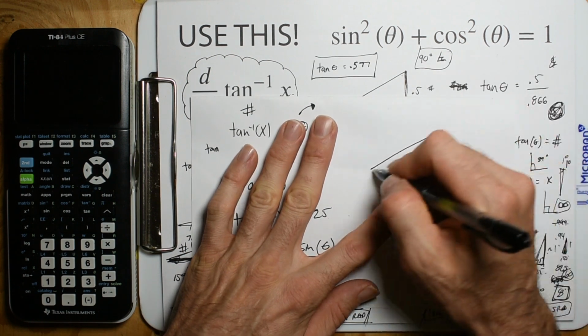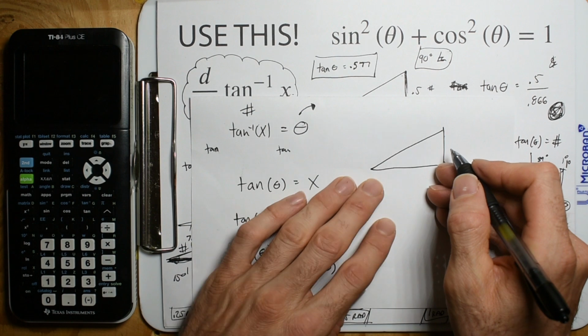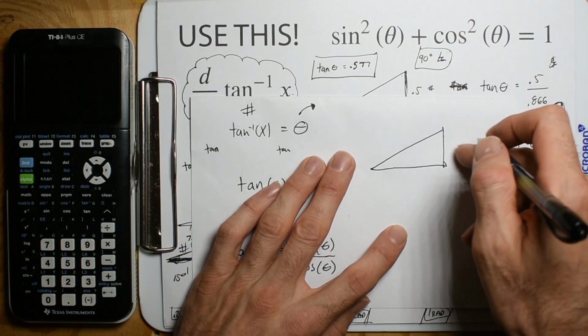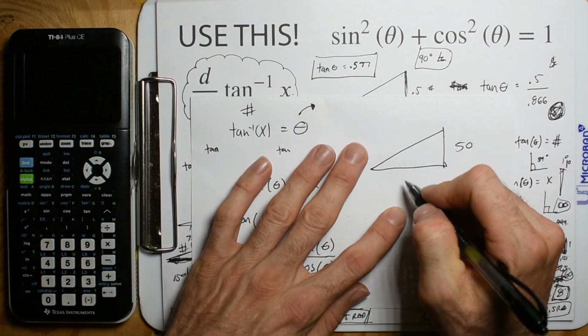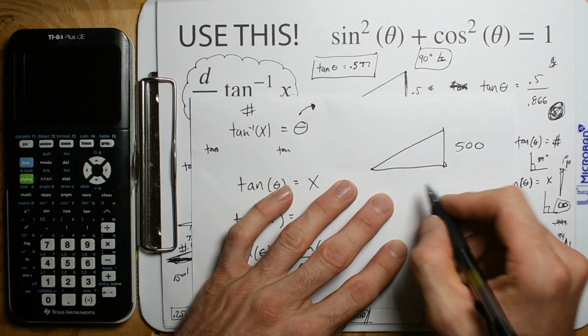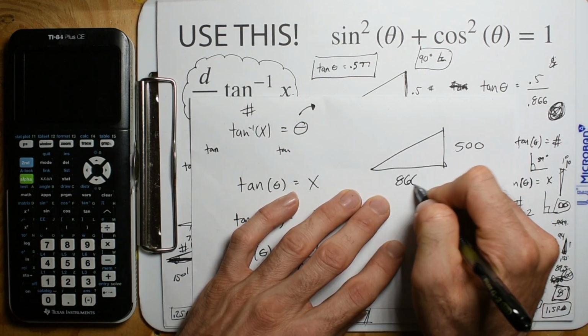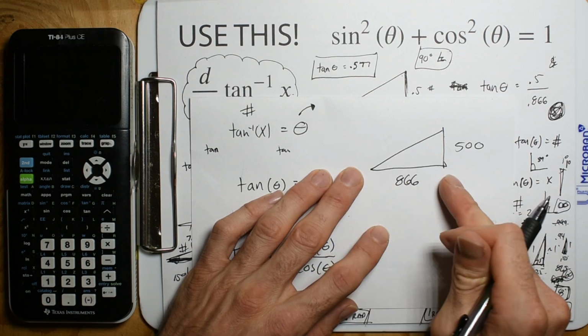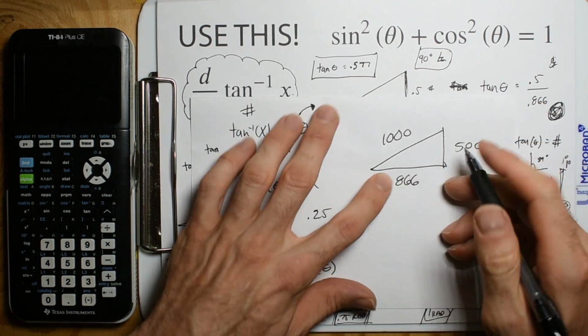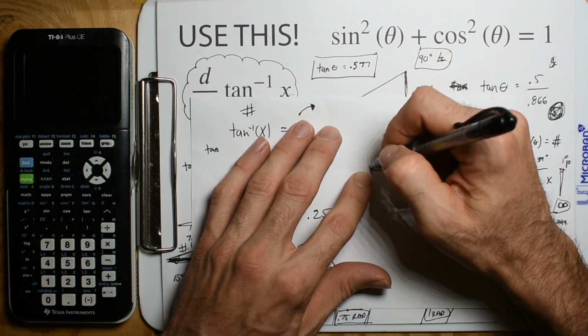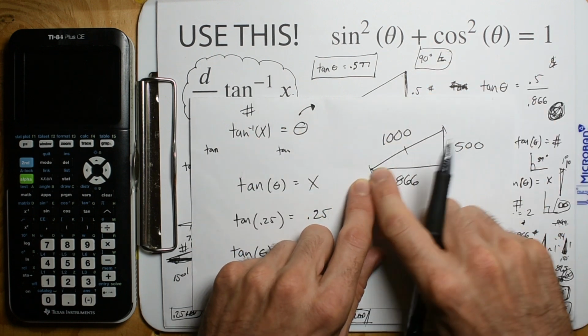Let's draw this. Because if I have a right triangle, this 30-degree triangle, and instead of writing 5 right here, this is probably better for your knowledge. Write 500 and then 866. So here's a triangle with these dimensions, and this dimension is 1,000. If this visually is 1,000, chop it in half. This is 500.